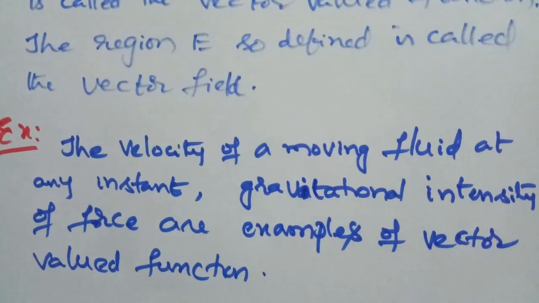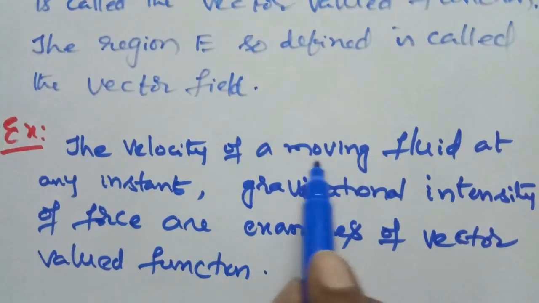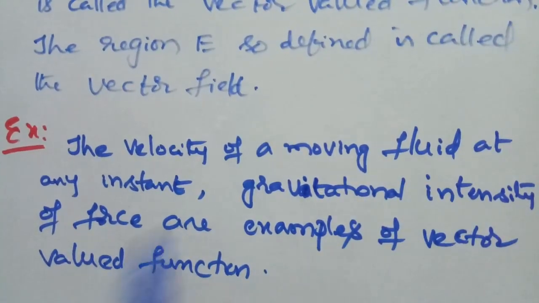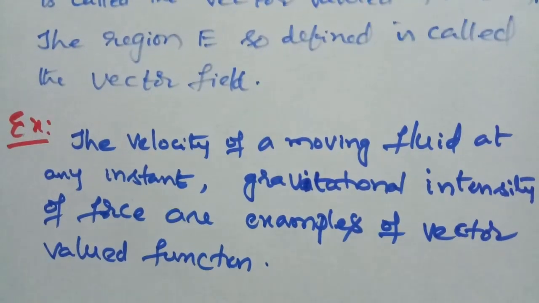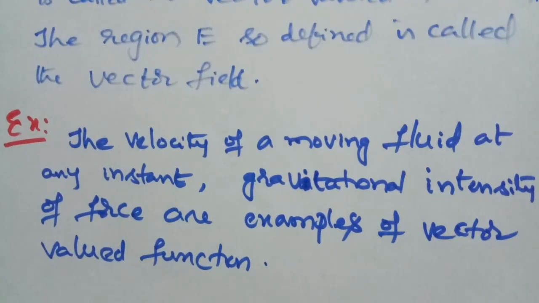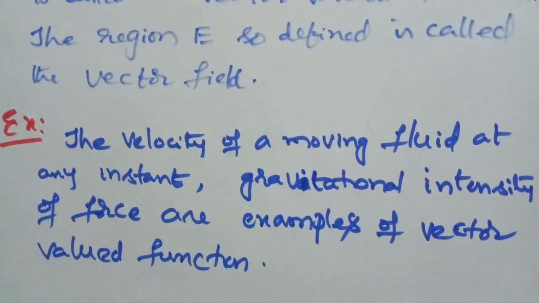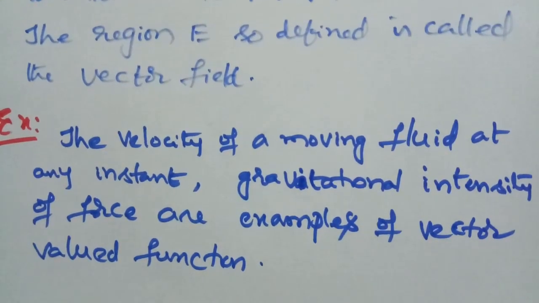And also there is a velocity, the rate of change of speed. So it has both magnitude as well as a direction, so this is called a vector valued function, velocity of a moving fluid at any time t.